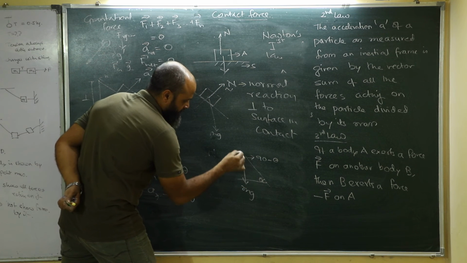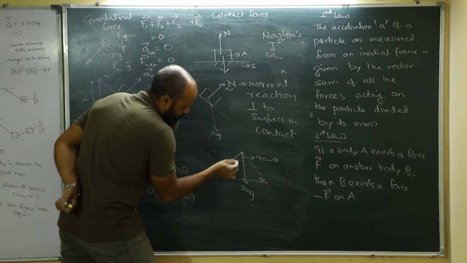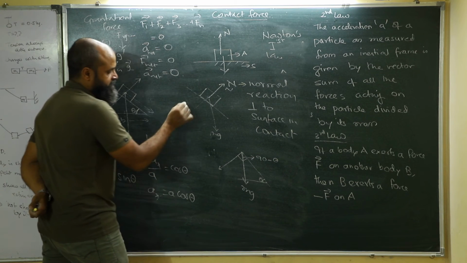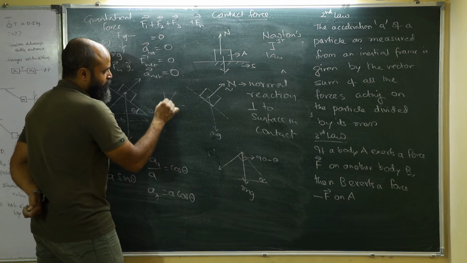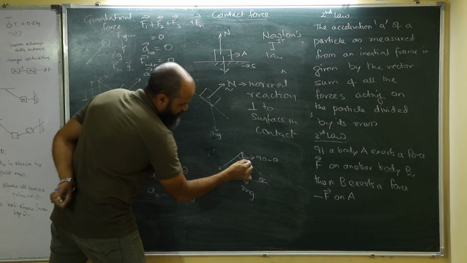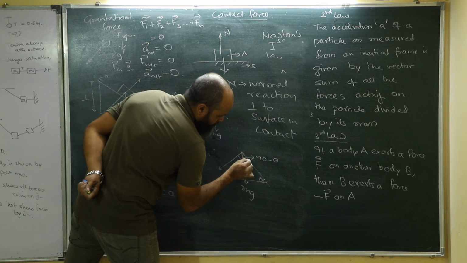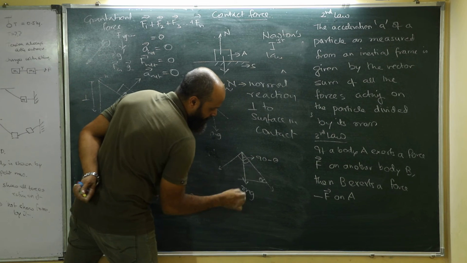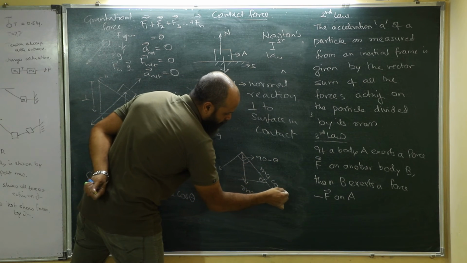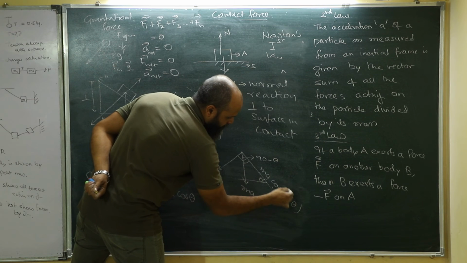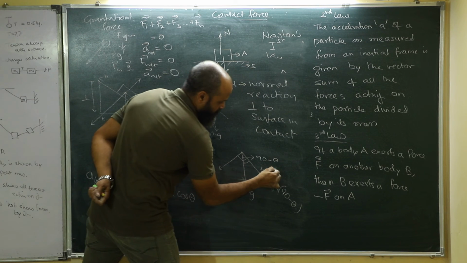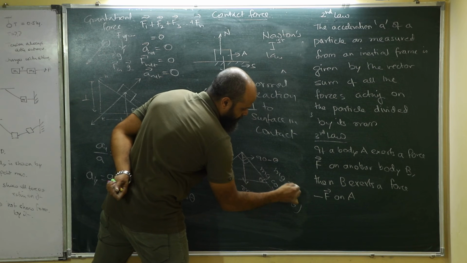So if this is mg and I draw a perpendicular component to this one, I am resolving mg into two components, just as I resolved A into two components in the previous example. Now the one that is attached with an angle of 90 minus theta obviously becomes the cos component, which becomes mg cos(90 minus theta). And we all know that cos(90 minus theta) is sin theta. So we have here mg sin theta.